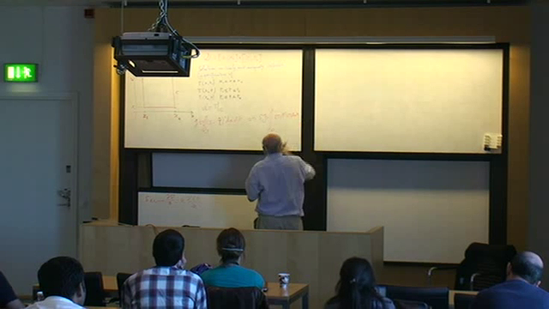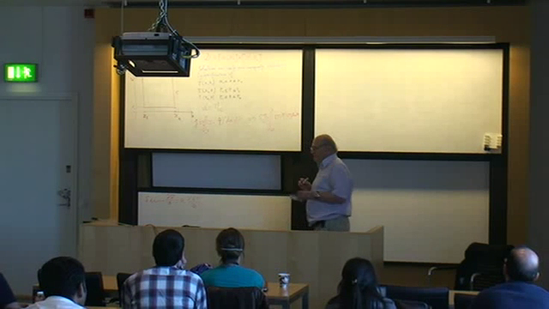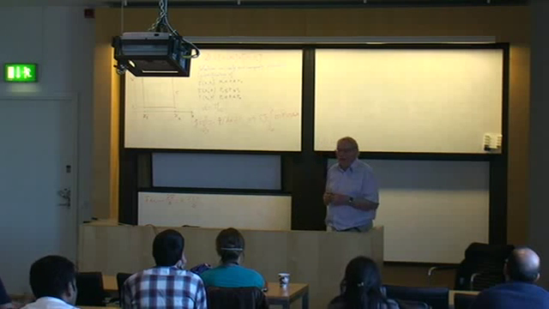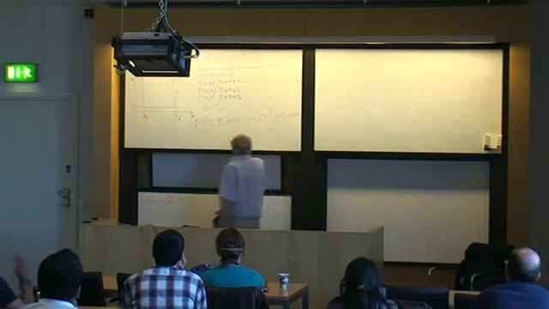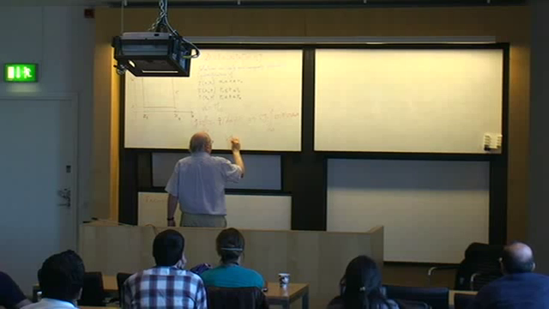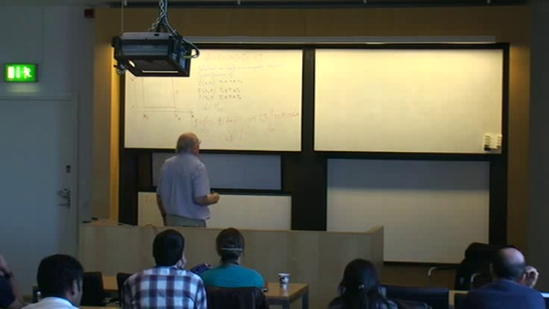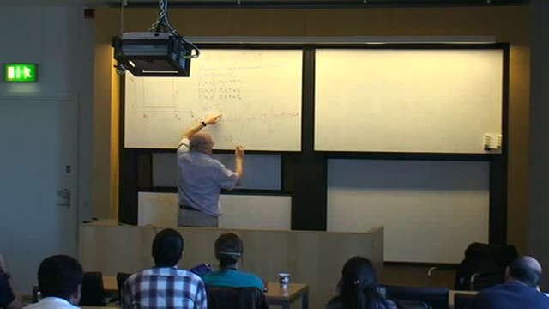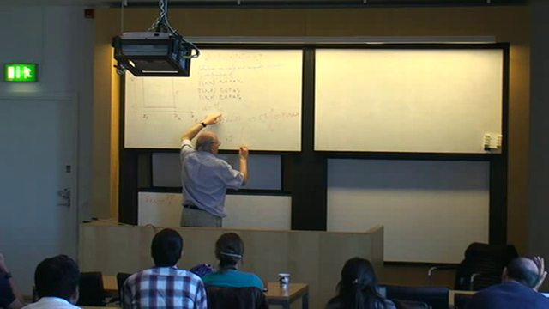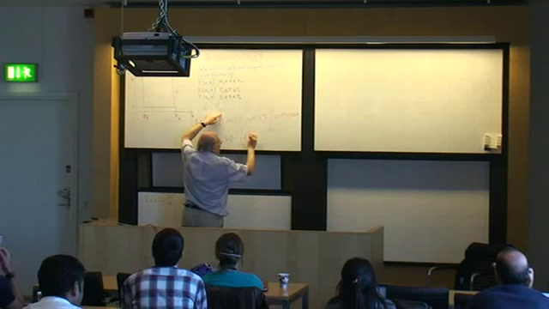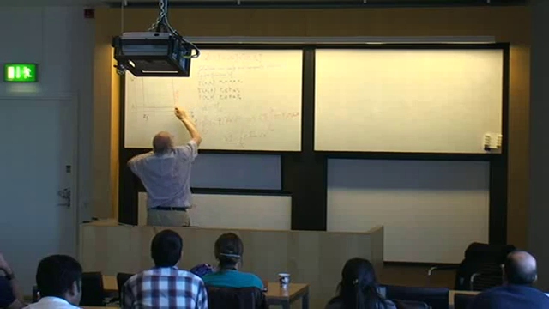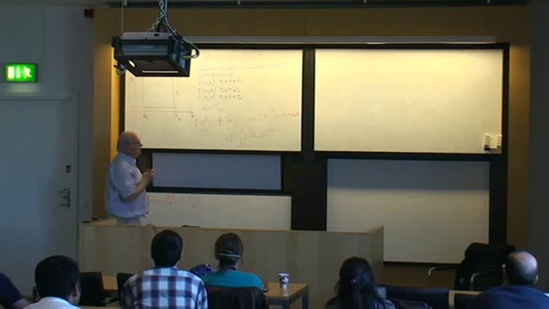And now I will say that I've solved my problem if I am able to write that δJ as δJ equals the integral, along the input boundary, of some quantity gamma times δu times ds, where ds is the length element along the boundary.